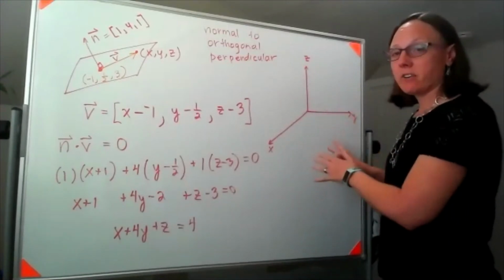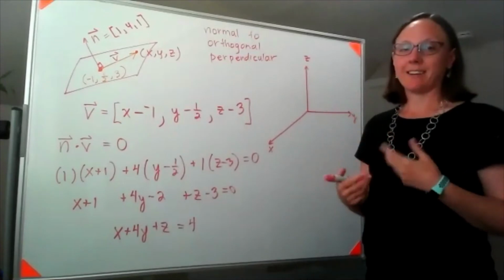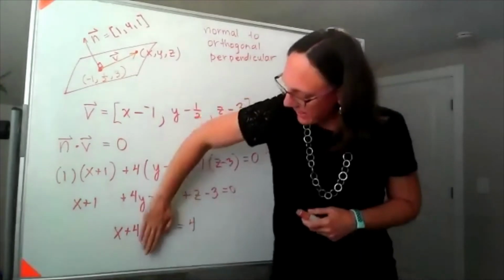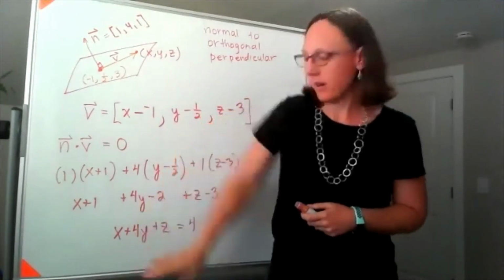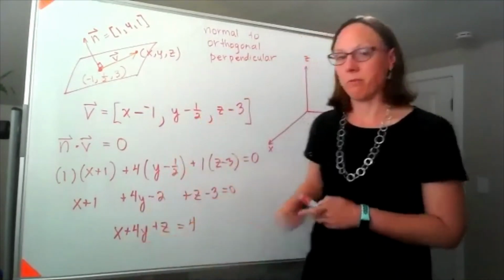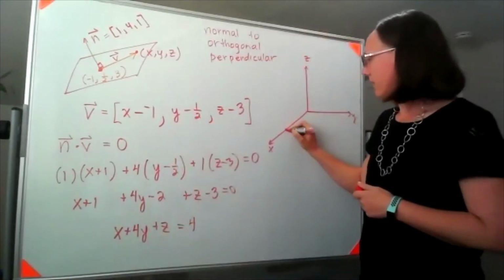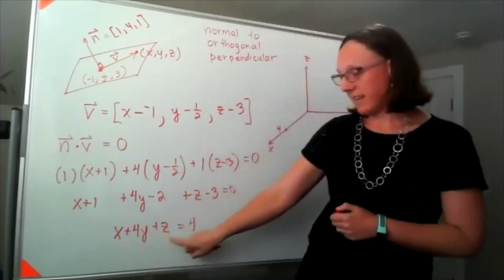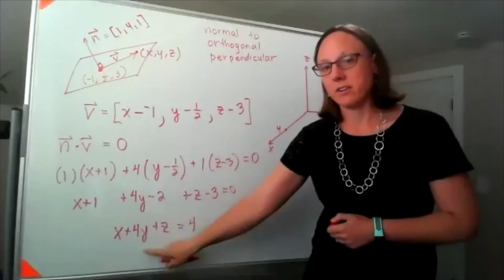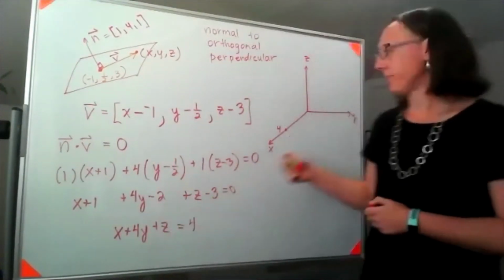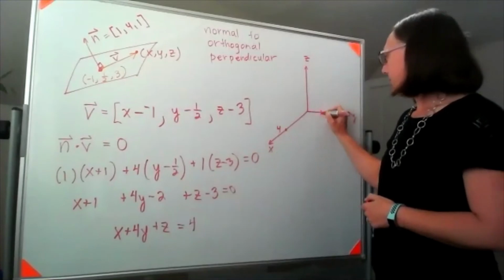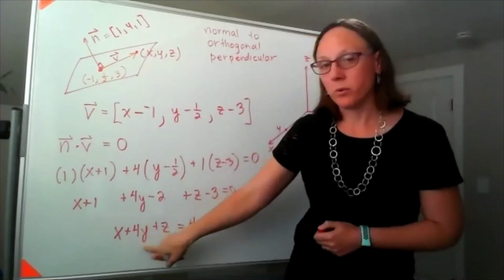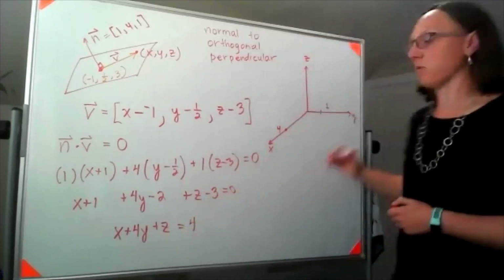When we find intercepts in 3 dimensions, we're actually setting 2 of our variables equal to 0. So if I set y and z both equal to 0, then my x-intercept would be 4. And if I set x and z both equal to 0, then my y-intercept will have to be 1. And if I set x and y both equal to 0, then z would equal 4.